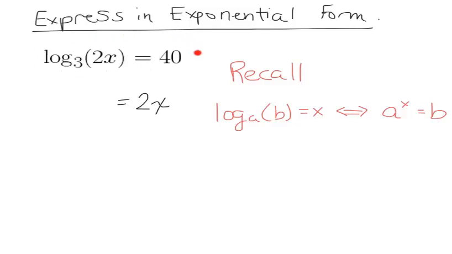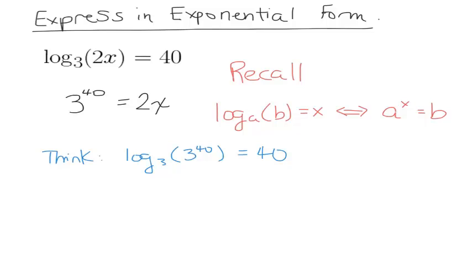Well, in order for this overall equation to make sense, 2x has to be equivalent to 3 to the power of 40. Why is this true? Well, we know that log with a base of 3 of 3 to the power of 40 is going to simplify to give us 40. So that tells us here that this 2x must be 3 to the power of 40 in order for this equation to be truthful.